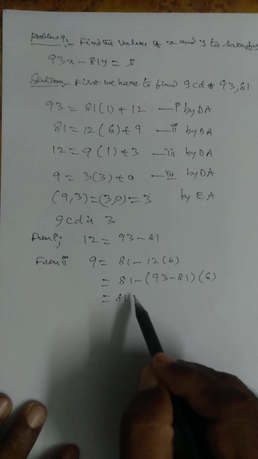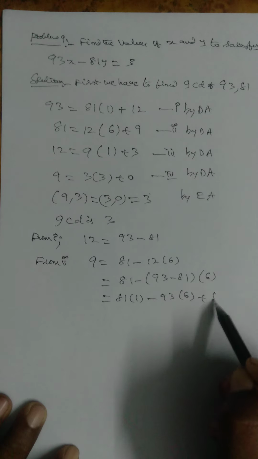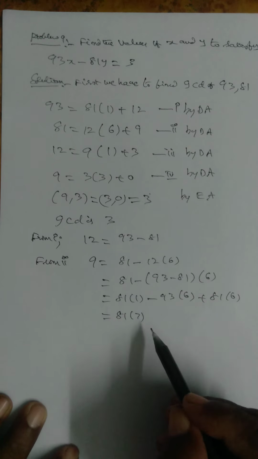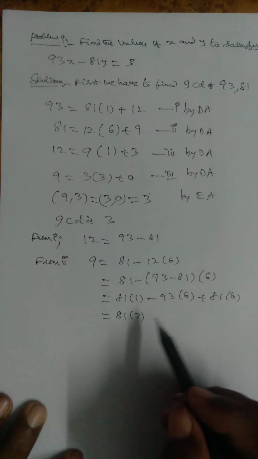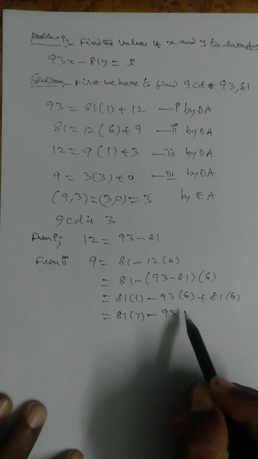So 81 into 1 minus 93 into 6 plus 81 into 6. So 81 into 7 minus 93 into 6.